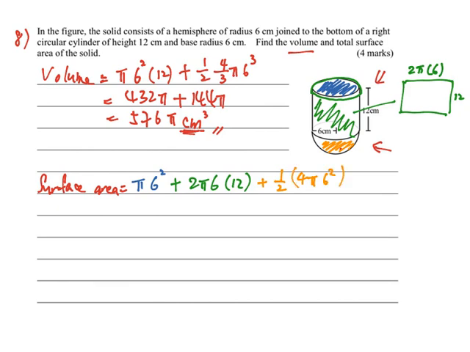Like this. So simplify one by one. 36 pi and then 144 pi. Lastly is 72 pi. Then we simplify. Finally, we can get 252 pi with units. Remember, for surface area, the unit is square, cm square.